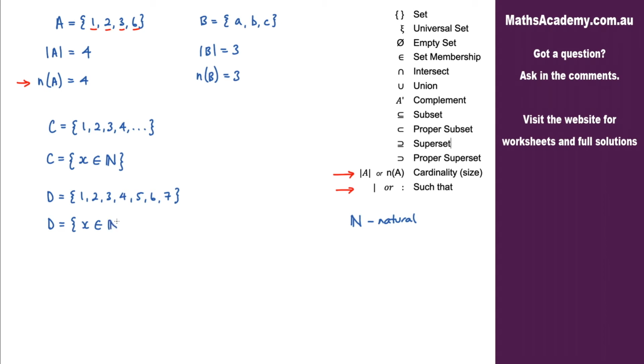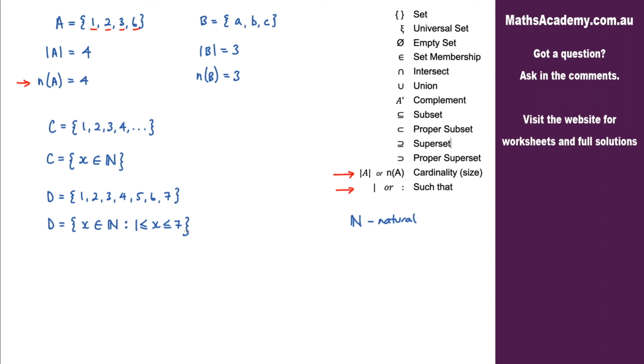So give me the natural numbers, but this time I say such that we've got 1 and 7. So x lies between 1 and 7 and includes 1 and 7. So I can say using that notation.